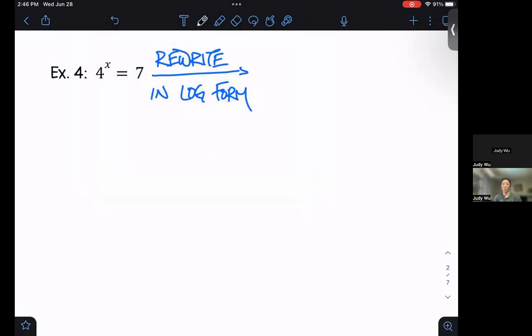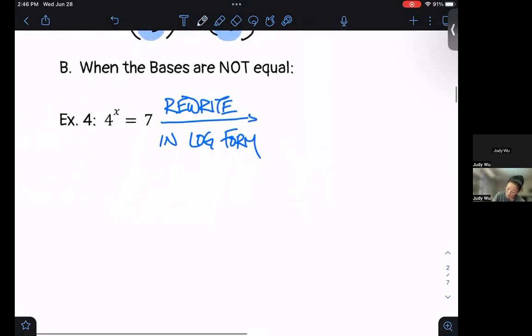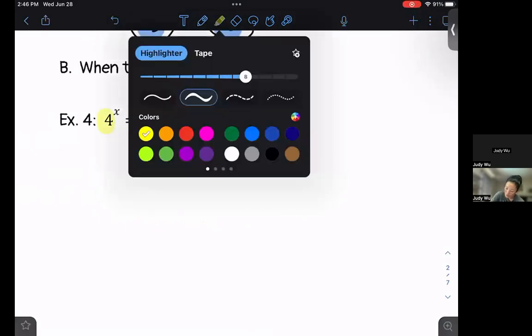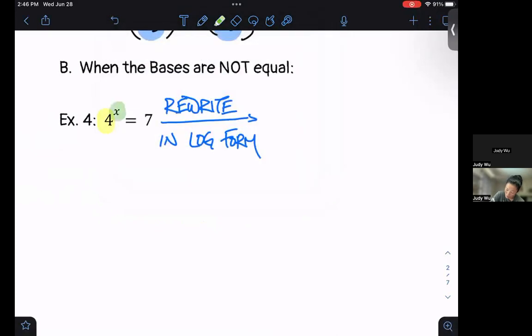When we rewrite this in log form, we have our base to some power equals, in what we know, we said 7 is really like y over a. We took that a that was in front of the 4, we divided it over, and then we got 7. If we want to rewrite this in log form, we're going to have log base 4 of 7 equals x, the same base that we had in the exponential form.